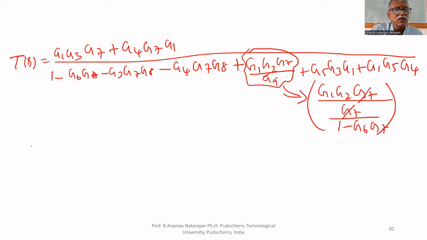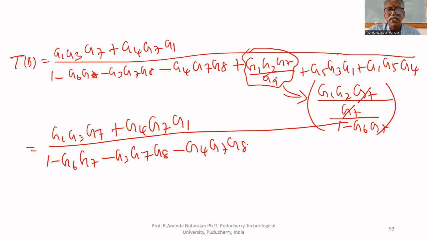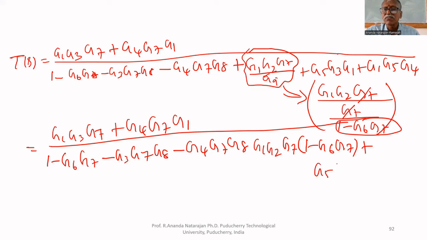Therefore, we can write now G1 G3 G7 plus G4 G7 G1 whole divided by 1 minus G6 G7 minus G3 G7 G8 minus G4 G7 G8 plus G1 G2 G7, and this becomes numerator. 1 minus G6 G7 plus G5 G3 G1 plus G1 G5 G4.